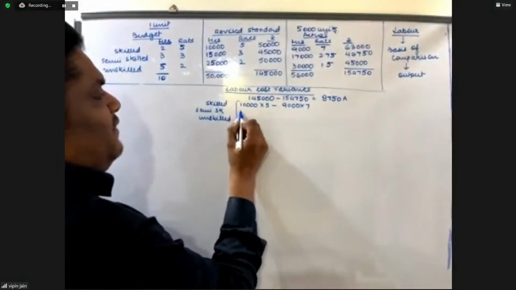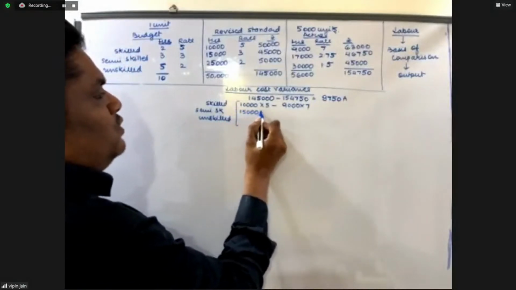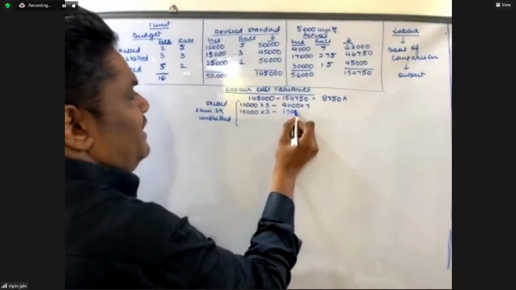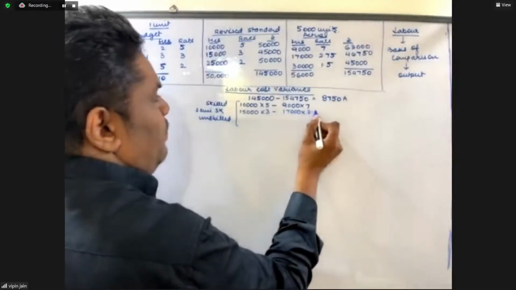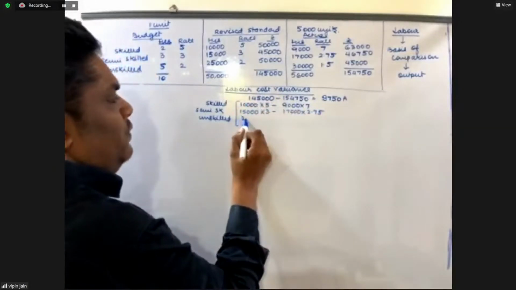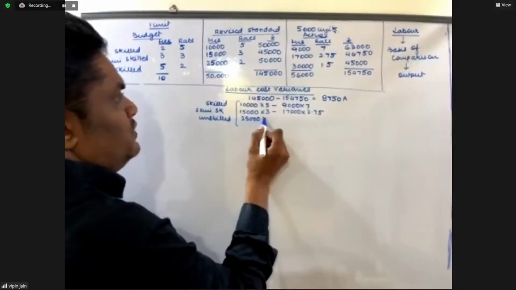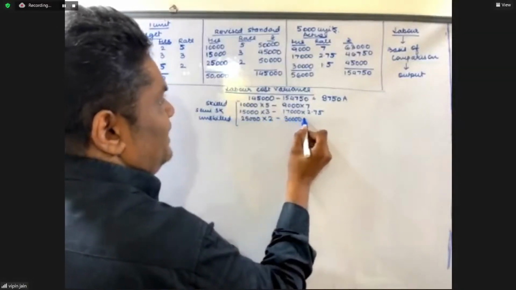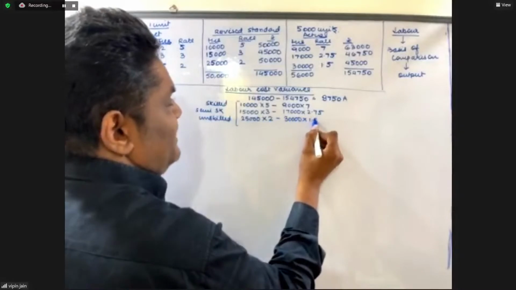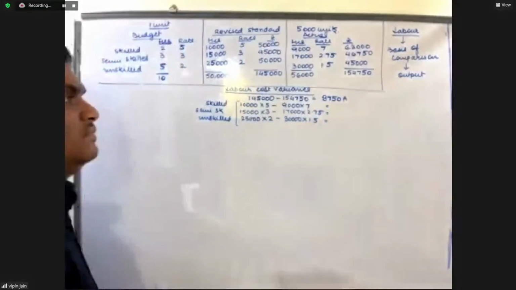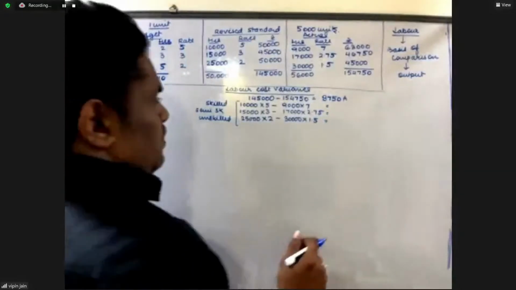Similarly, for semi-skilled, 15,000 hours we should have used at the rate 3, but we actually used 17,000 hours at the rate 2.75. Similarly, in the third case, again, 25,000 hours we should have used at the rate 2, but the work was completed in 30,000 hours and we have paid wages at the rate 1.5.